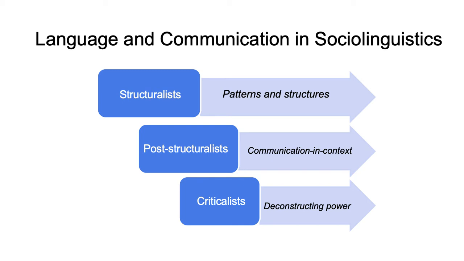Following this, we have the post-structuralists, who look at communication in context. One major feature of their work was the recognition that context plays a huge factor, and that when context changes, so does the communication, the resources that are used, and how communication unfolds in interaction.